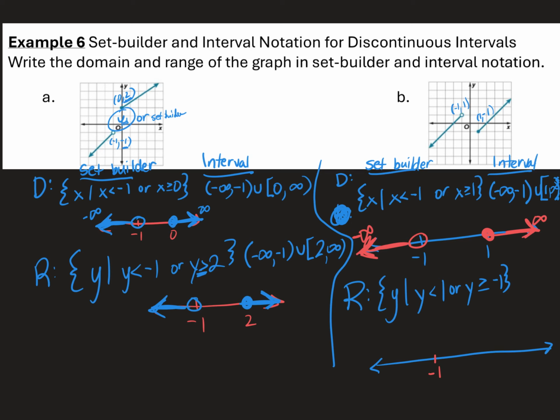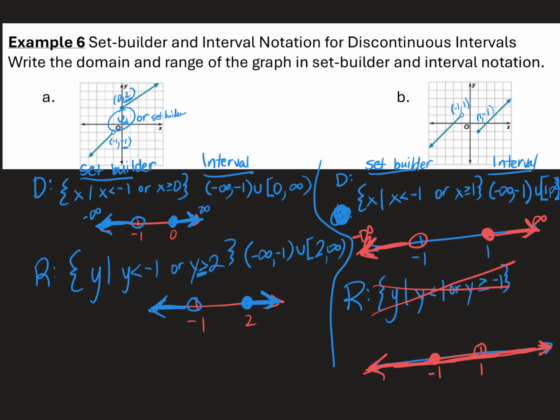-1, +1, closed on -1, open on +1. Now for the shading, at -1, it's going up forever, and at +1, it's going down forever, which then changes this.